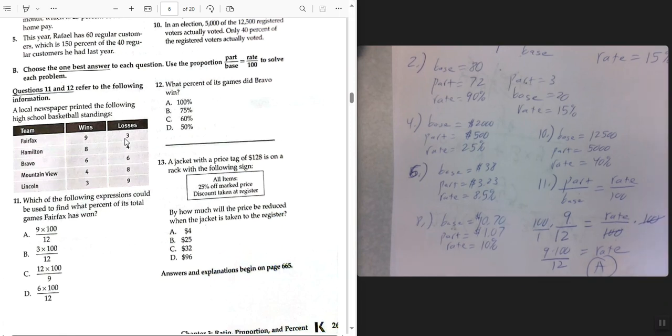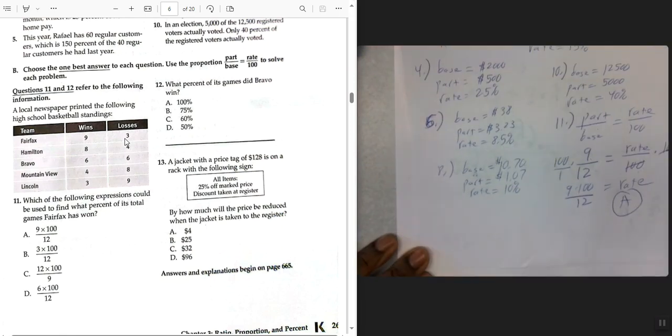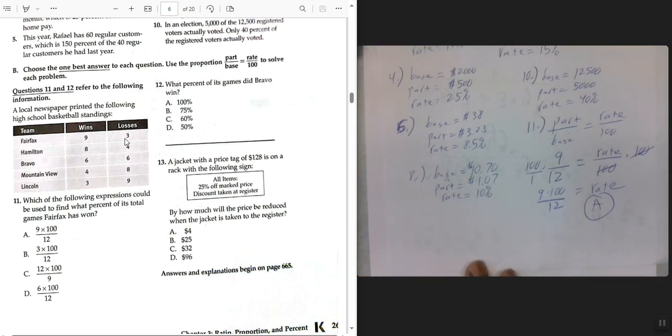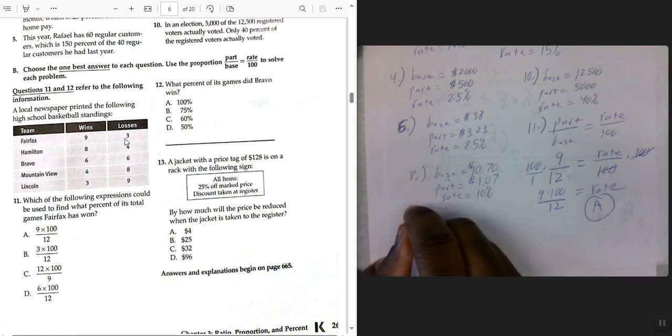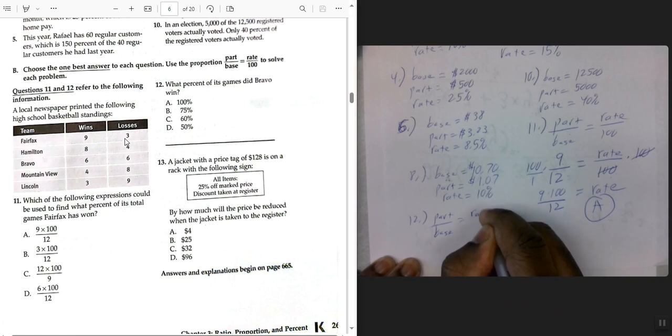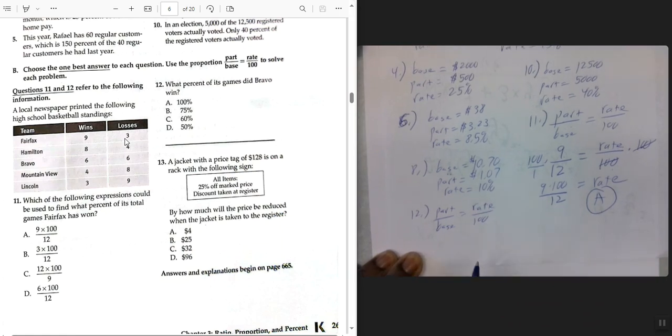Okay, now we're going to try problem number 12. Problem number 12 says, what percent of its games did Bravo win? So now, for number 12, we will have our part over our base is equal to our rate over 100.